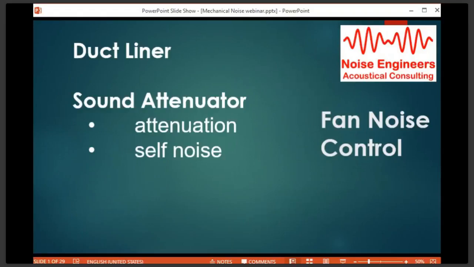And for a certain length, you can put duct liner, and that does help a lot with higher frequencies, especially. The sound attenuators will help with low frequency. They're a very thick amount of usually fiberglass with perforated metal to protect the fiberglass, and acoustically allowing the absorption to take place. Just be careful, you're constricting the flow.